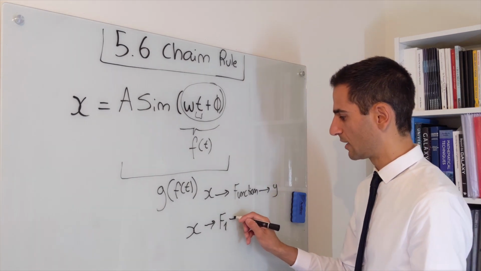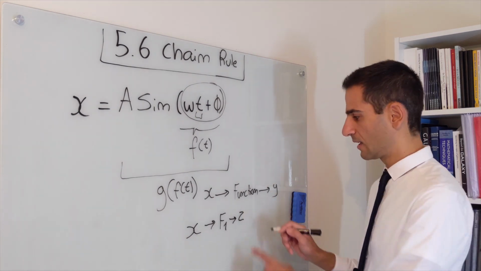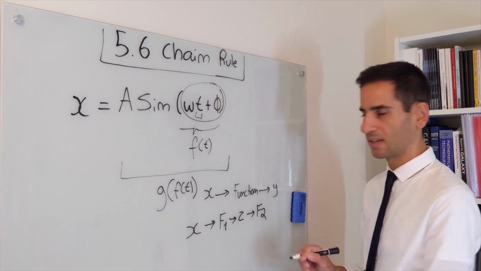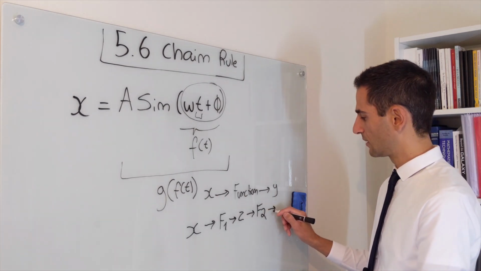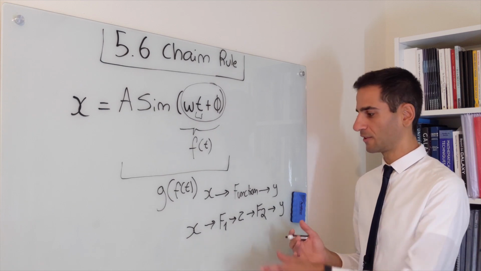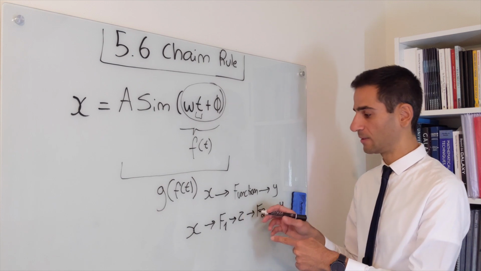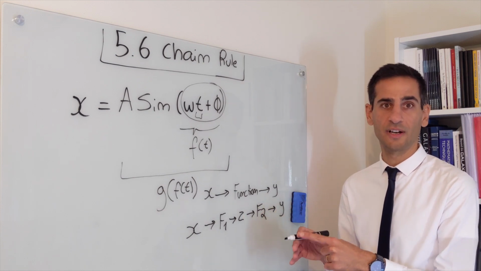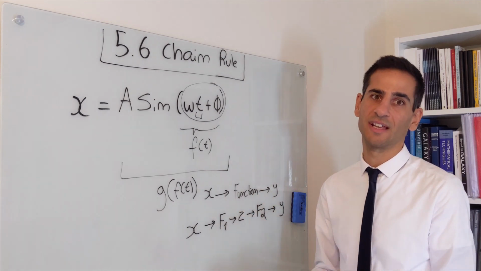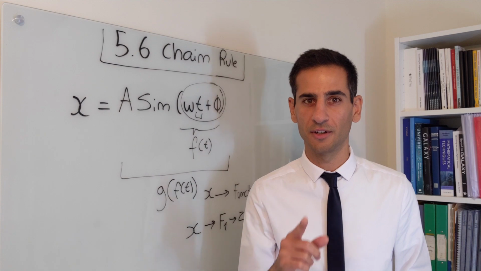This gives you an output, let's say z, and then this output is given to be processed by a second function, and then you finally get your y out. Composite functions can be as complex as you want, which means this process could keep going to function 3, 4, 5, 6, 7, 8, 9. But there's nothing like testing your understanding and seeing whether we're in the presence of a composite function or not.